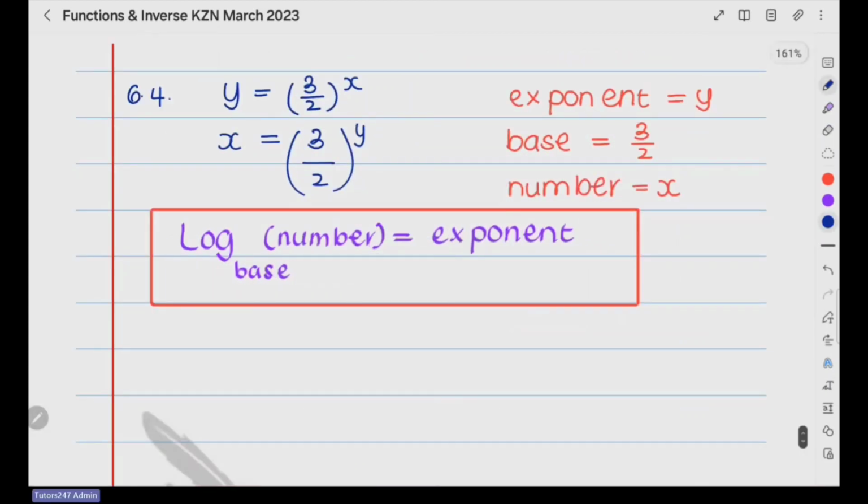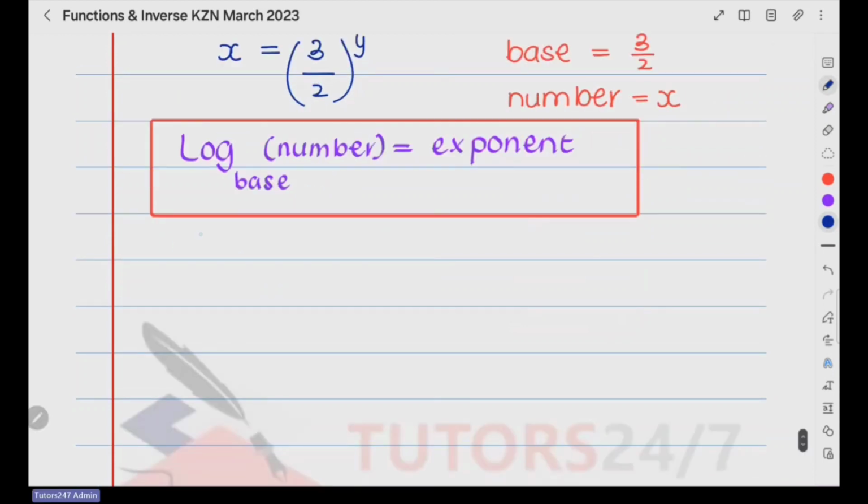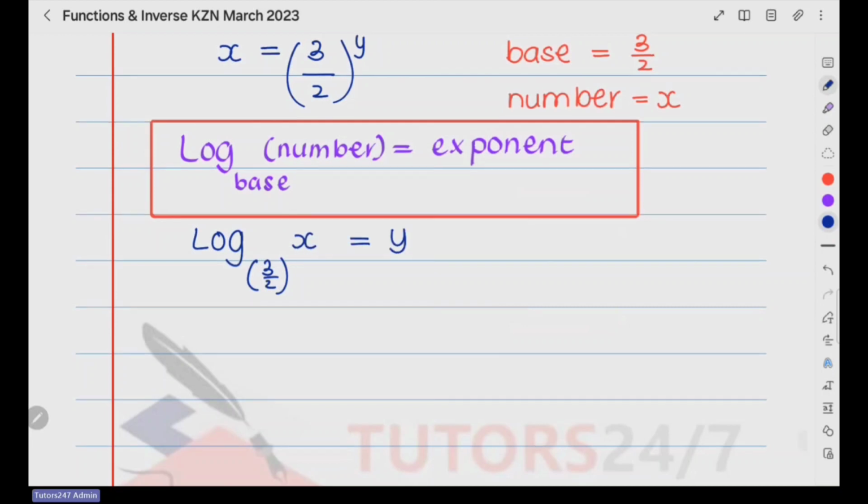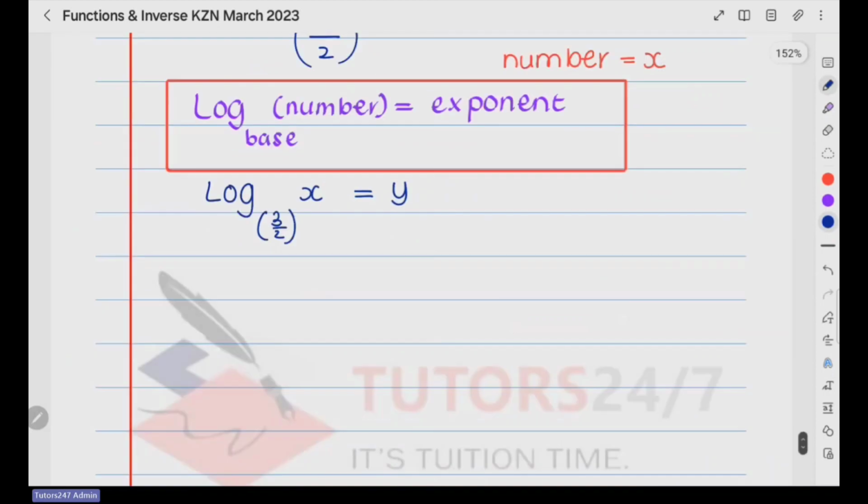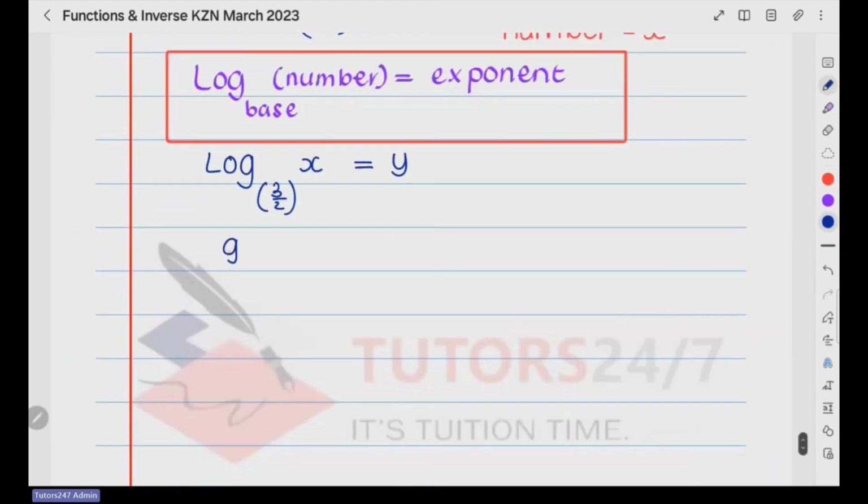All we now need to do is substitute into our log formula. So we have log of the base, which is 3 over 2, the number, which is x, and that is equal to the exponent, which is y. From here, in place of y, we can put g of x. So we know that g of x is equal to the log of 3 over 2 of x. And that is it.